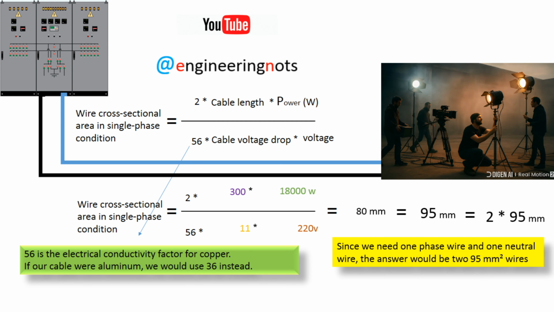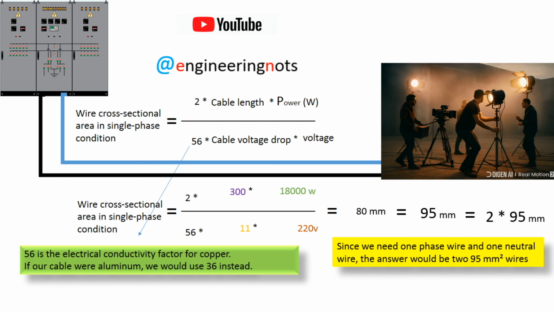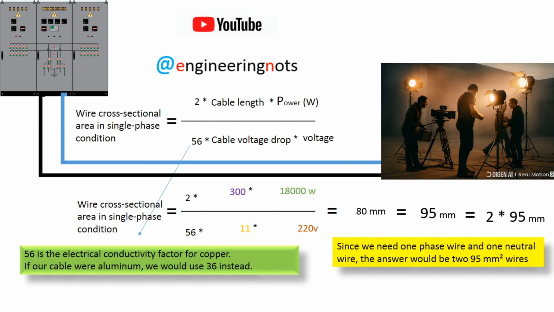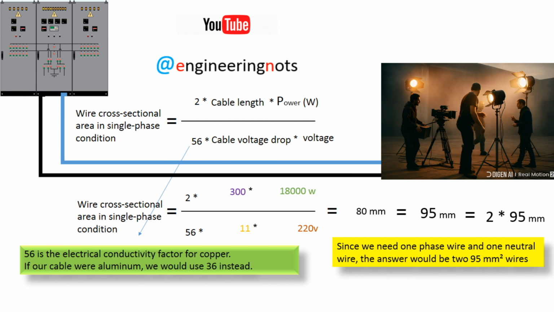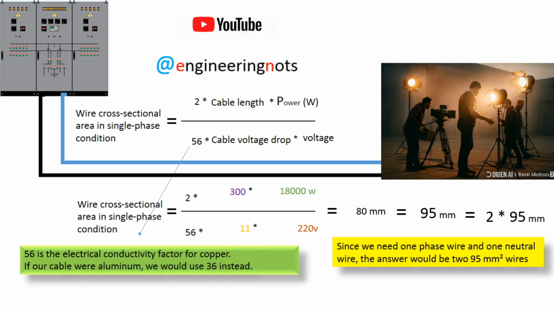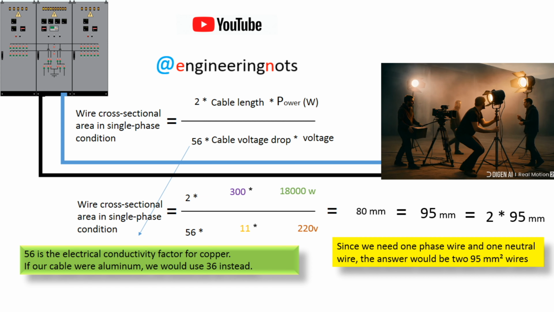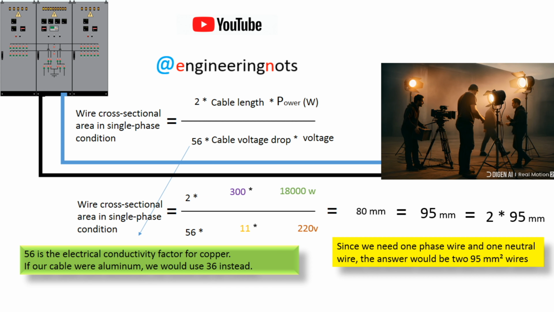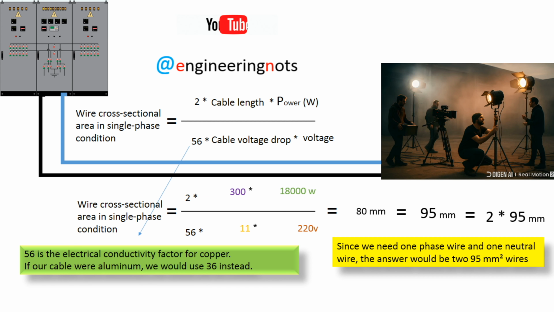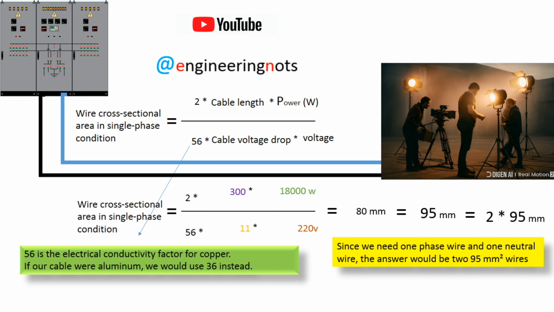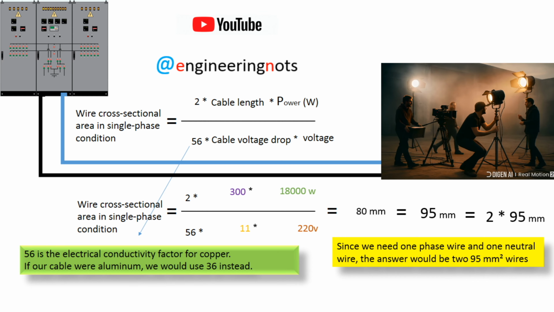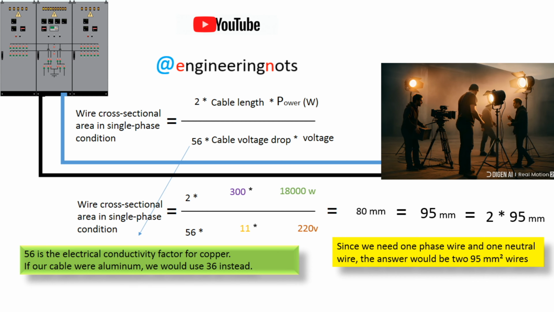And our system voltage is 220 volts. After calculating all these values, we reach the number 80. According to international standards, there is no cable with this exact cross-section. So we choose the next higher standard size, which is 95 square millimeters.